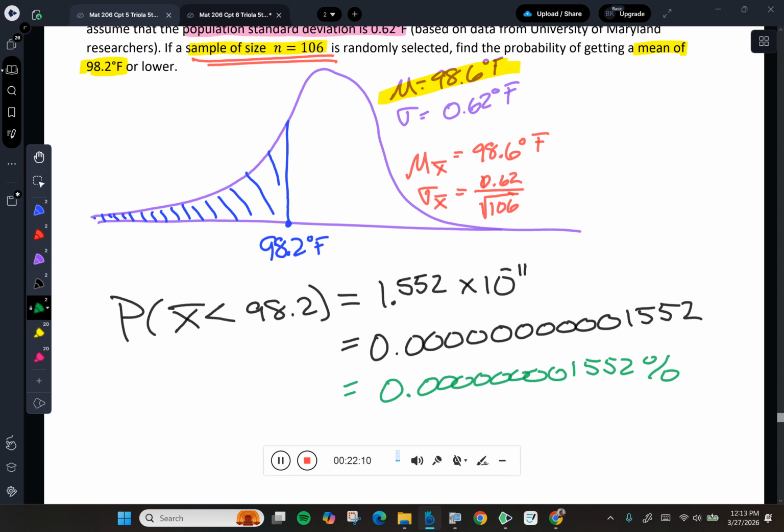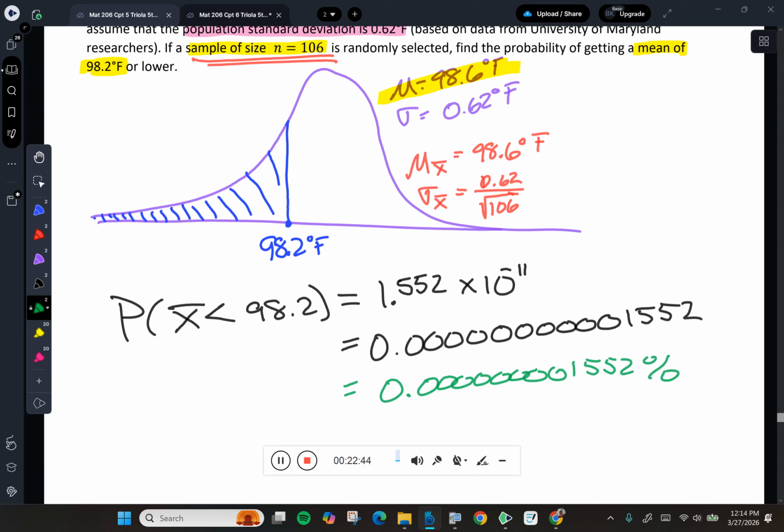Well, essentially that says that if 98.6 is a true mean human body temperature, I shouldn't have been able to get a sample with a mean of 98.2. It shouldn't have happened. It's a tens, hundreds, thousands, 10,000, 100,000, million, 10 million, 100 billion, 2 billionth of a percent chance of that occurring.